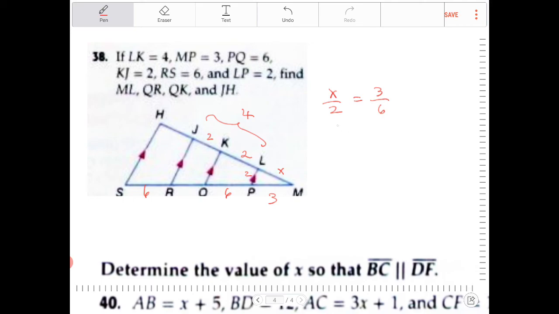So therefore, X will equal 1. So LM is equal to 1. Let's go down the list. QR, I want to call that Y. So I can say, since I know that 2 over 2 is equal to 6 over Y, Y therefore is equal to 6. Or I can say that QR is equal to 6.